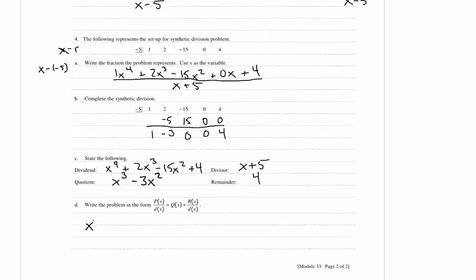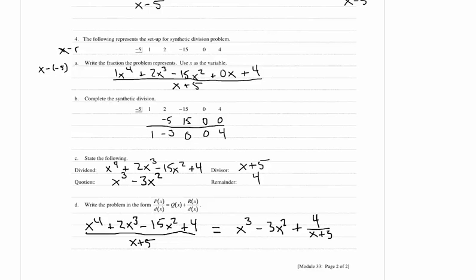So that's x to the 4th plus 2x cubed minus 15x squared plus 4 divided by x plus 5 is equal to our quotient, which was x cubed minus 3x squared, plus the remainder divided by the divisor. And our remainder is positive, it's 4, so we have plus 4 over x plus 5. And that's our video on synthetic division, part 1.